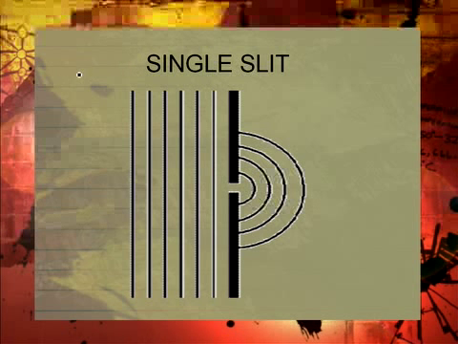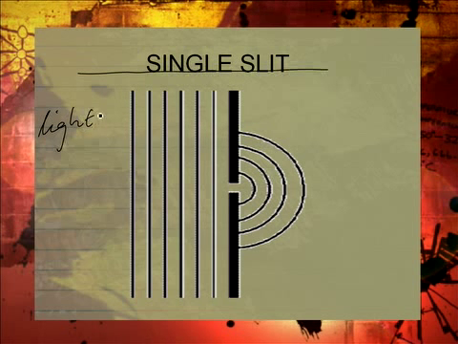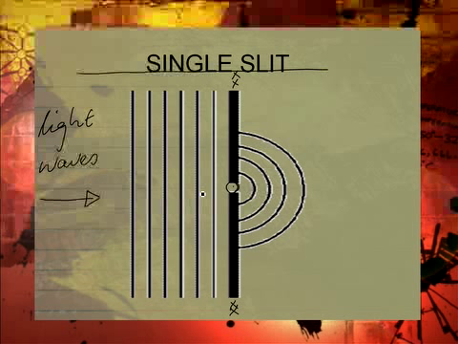Now, just having a look at one of the slits we're talking about. Here, we're looking at light waves, moving in that direction. Here we've got an obstacle, and we've got our slit, that opening.